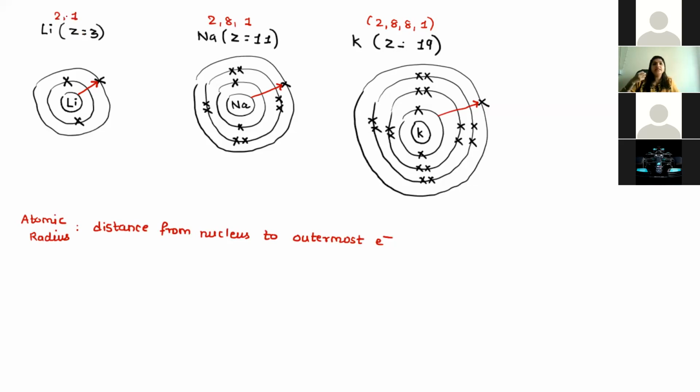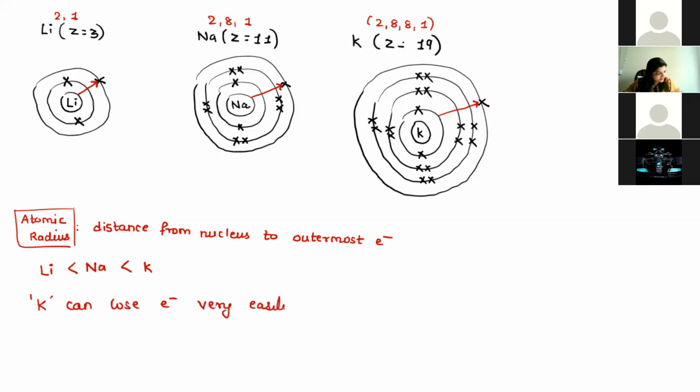Now, in which of the three can the last electron easily be lost? Potassium has the largest atomic radius, so K can lose an electron very easily.